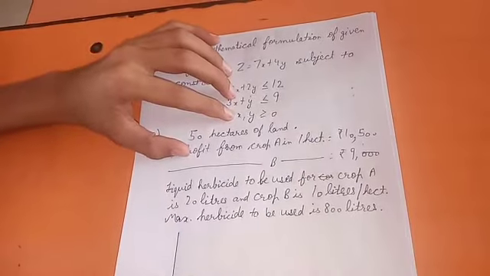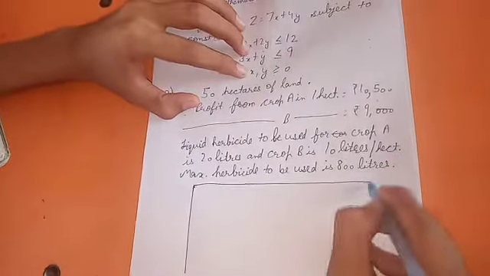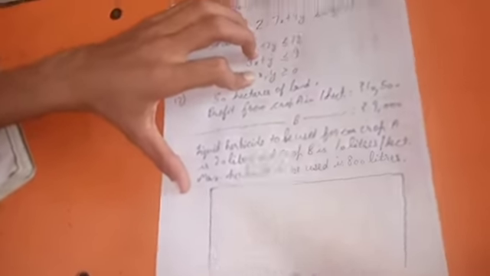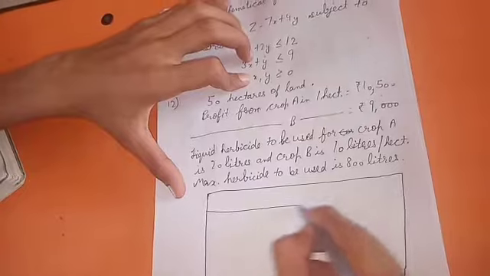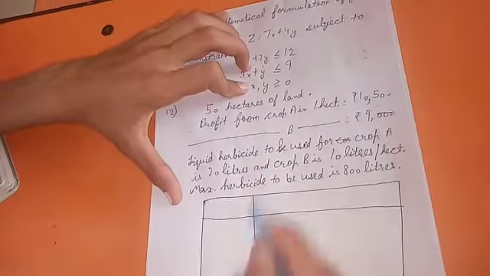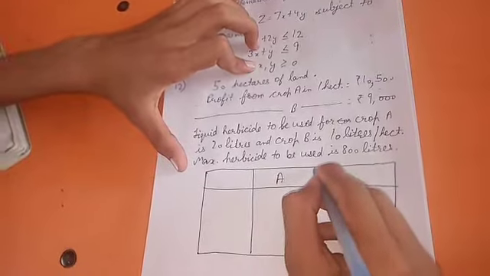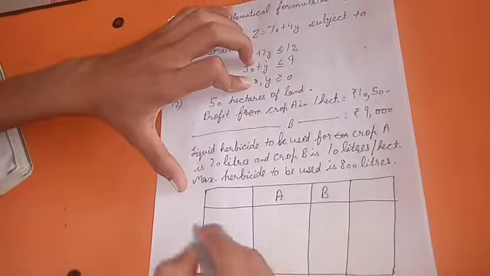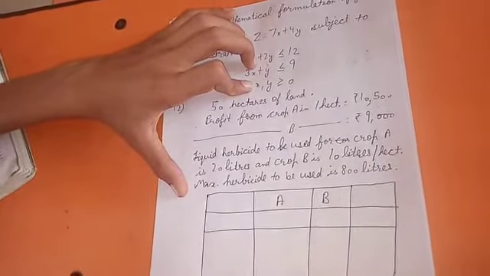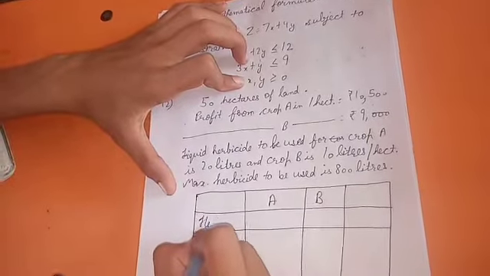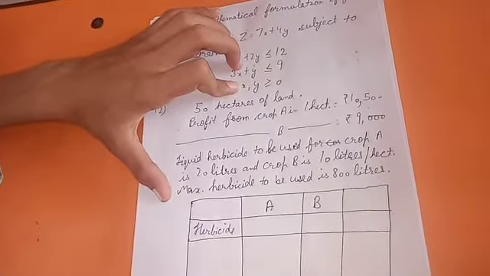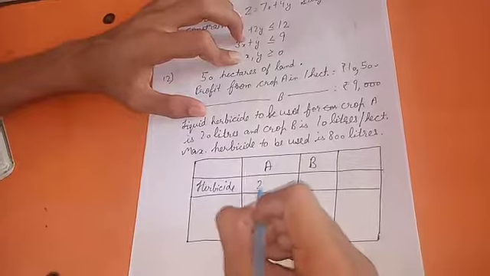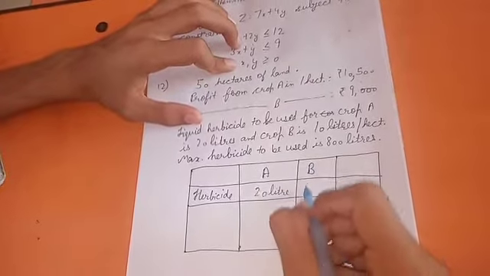So what will be our table? It is crop A, crop B. Now first of all we will say herbicide to be used, that will be 20 liter and 10 liter.